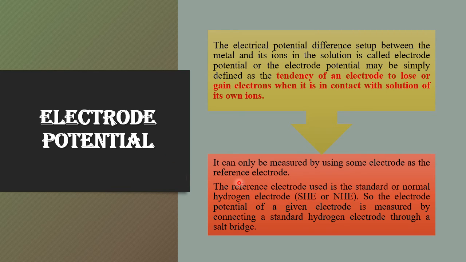In that comparison, we may measure the electrode potential of the other cell, because the reference electrode is that electrode whose potential is already known, whose potential is constant. Examples of reference electrodes are the standard hydrogen electrode and the saturated calomel electrode. These are the different types of reference electrodes.